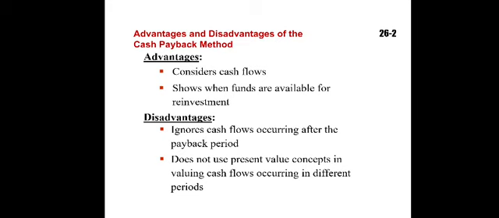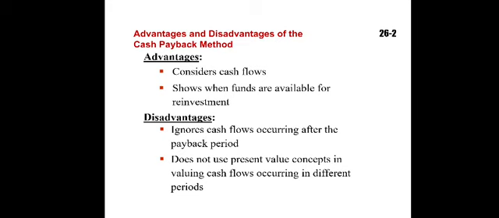When you use the cash payback method, the basis is the cash. Both profit and cash are important. So you cannot say which method is better than the other. If you are a manager, the best thing to do is to use both methods.